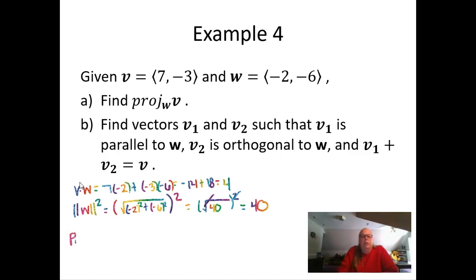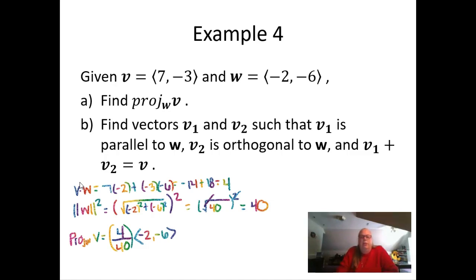And so the projected vector of w on v is going to be v dot w divided by the magnitude of w squared, times vector w, which is negative 2, negative 6.